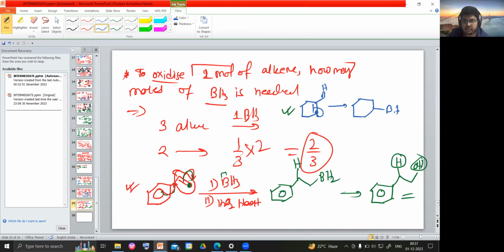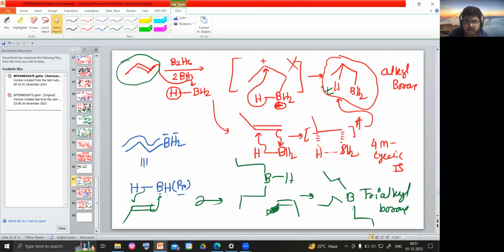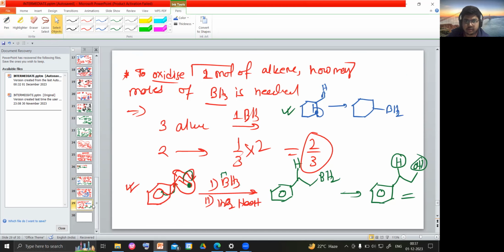So here BH2, simple. And BH2 and that hydrogen add as syn addition, as I have told you. Another thing you can look at, this 4-member transition state, boron and H are adding from the same side. So this is basically syn addition. So in this structure, if BH2 is above the plane, the corresponding hydrogen will also be above the plane.